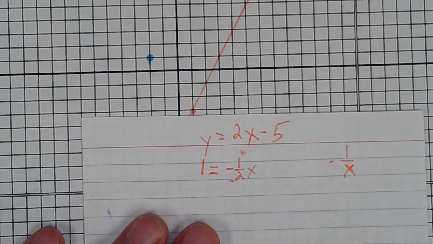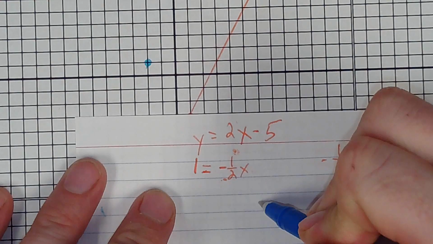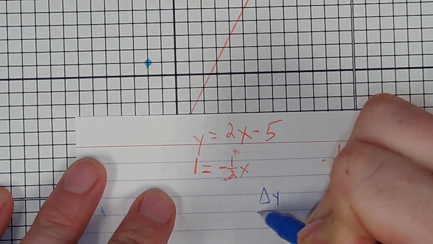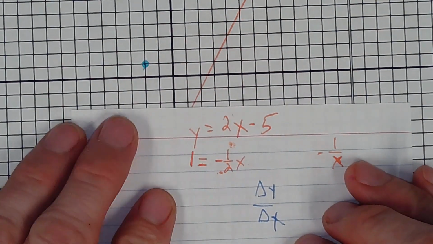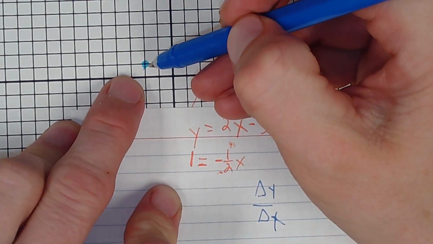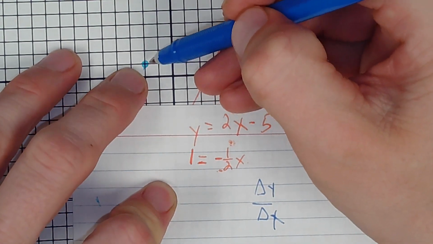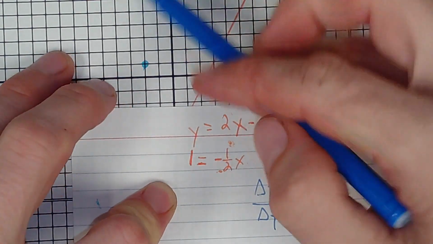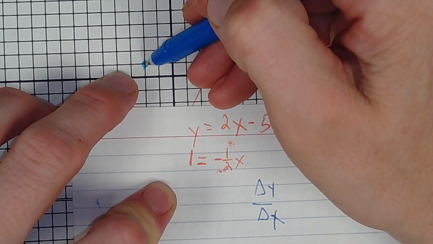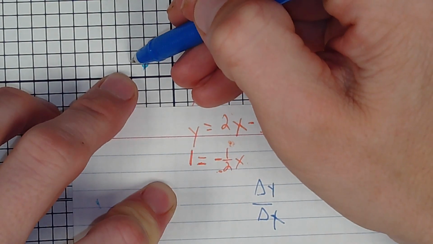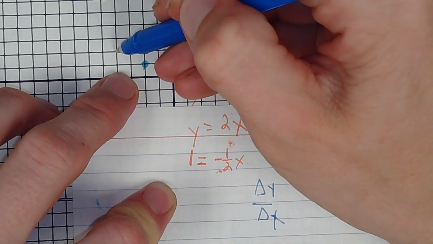All right, so with my blue pen, and starting at 1, remember this is a change in y over a change in x. So when y equals 1, my x value is going to be negative, so it's going to be a negative slope. I'm going to have a change in y of 1 and a change in x of 2, 1, 2.